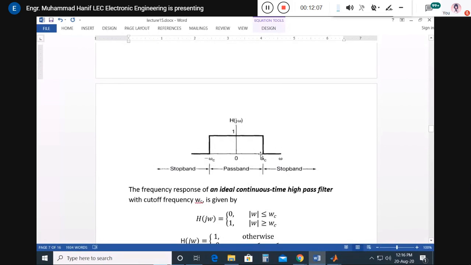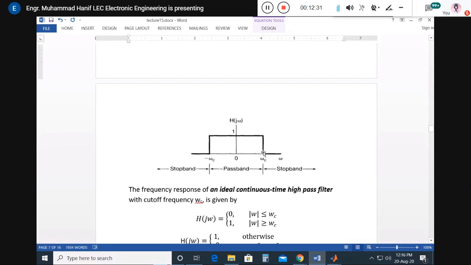So between minus omega c and plus omega c we say it represents the pass band, and after omega c, the cutoff frequency, up to infinity it represents the stop band. तो यहाँ पे अगर आप देख लें, आइडियल केस है तो transition bandwidth is 0 because it straight away goes from pass band to the stop band.